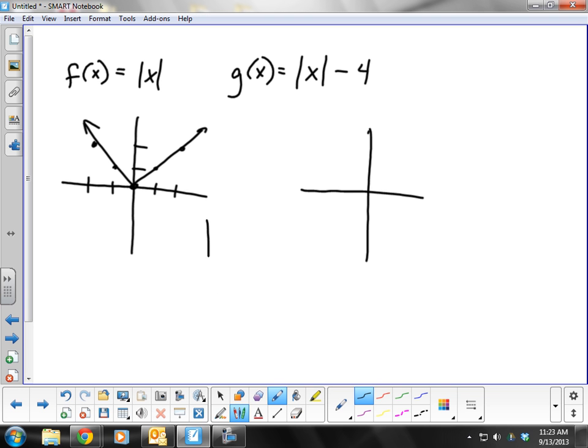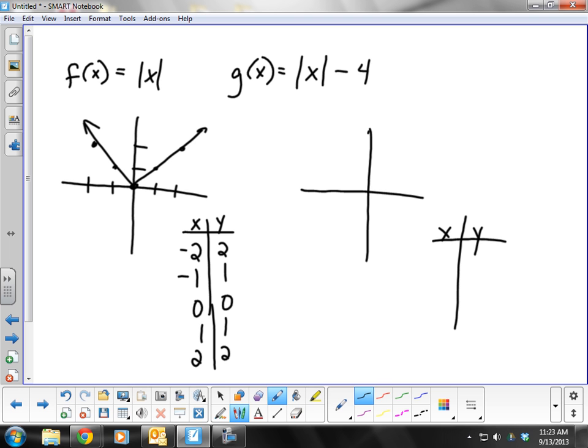So if you think about the parent function, the points that you have here are -2, 2, -1, 1, 0, 0, 1, 1, and 2, 2, right? So if you wanted to do this by coordinates, then you aren't changing your x coordinates at all, right?